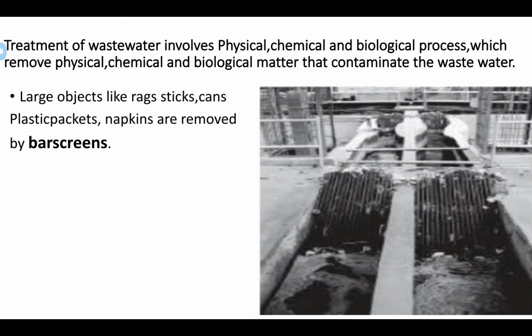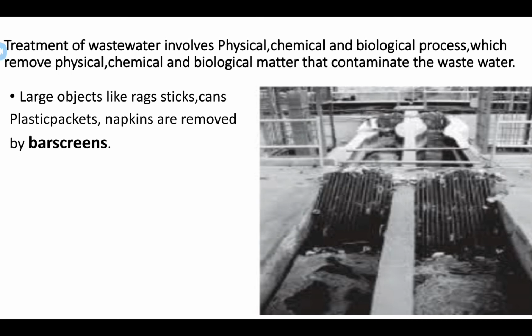Physical matter is nothing but solid substances. Chemical matter means dissolved chemicals from industries and hospitals. And what is biological matter? The microorganisms, fecal matter and urine mixed with water that turn it into wastewater. So these are the physical, chemical and biological matter.